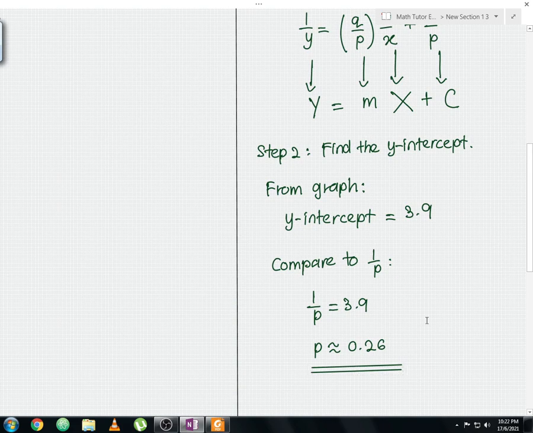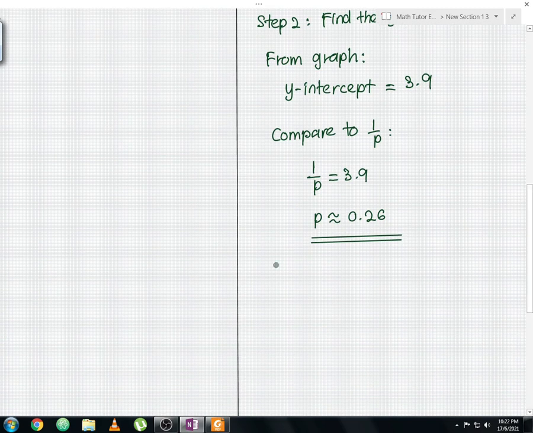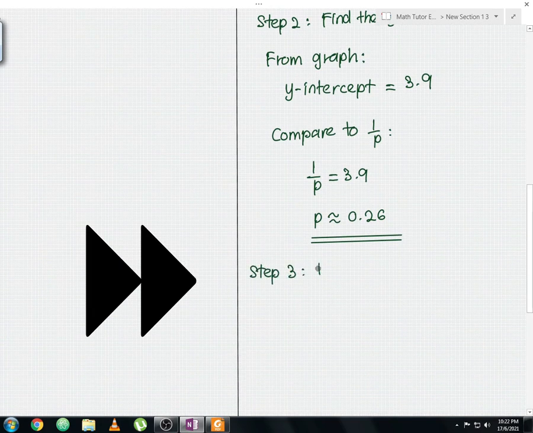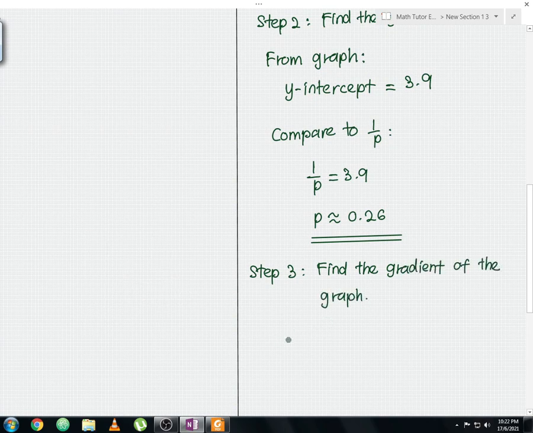Once we have done step 2 where we find the y-intercept, now we proceed to the third step where we are required to find the gradient of the graph. Let me write the working here. To find the gradient of the straight line, we use this formula: m equals y2 minus y1, divided by x2 minus x1.